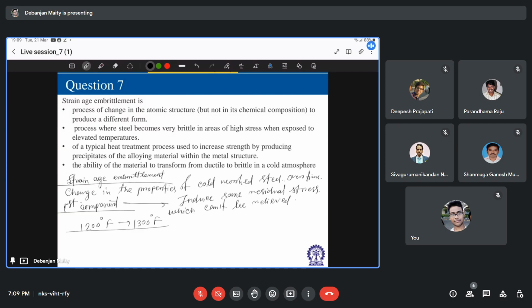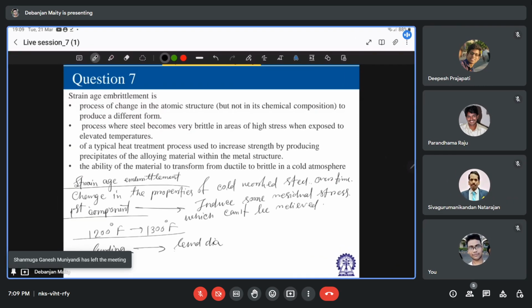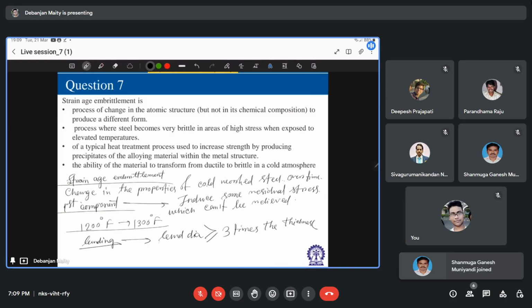There are other ways also. Let's say you are bending the steel. It is best to allow for a bend diameter of at least three times the section thickness. So the bend diameter can be three times the thickness. You can say this is a design parameter to relieve the internal stress.